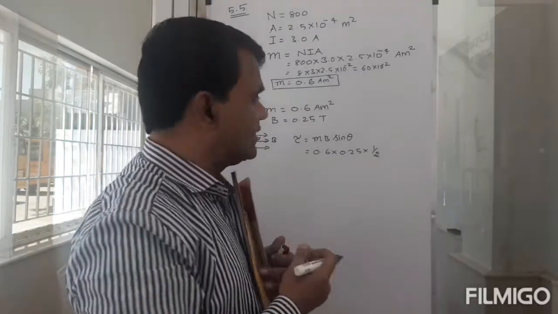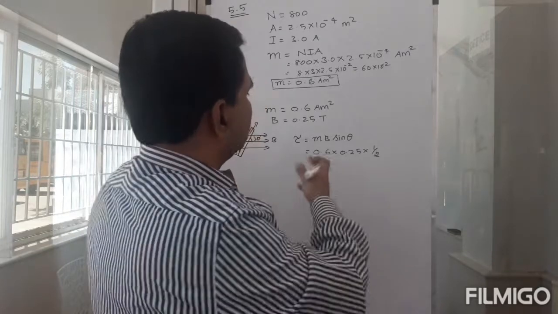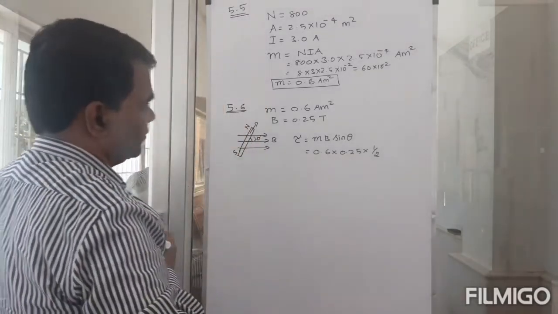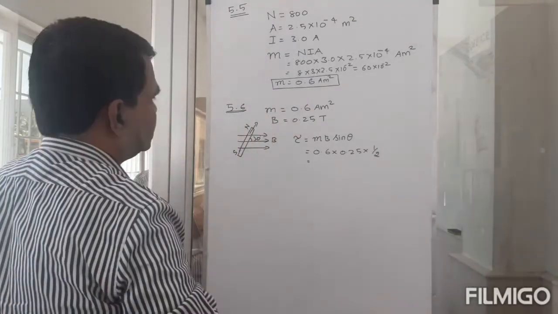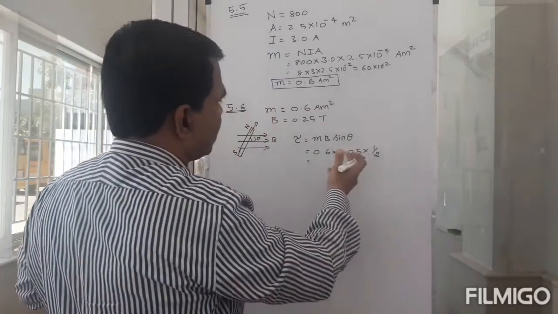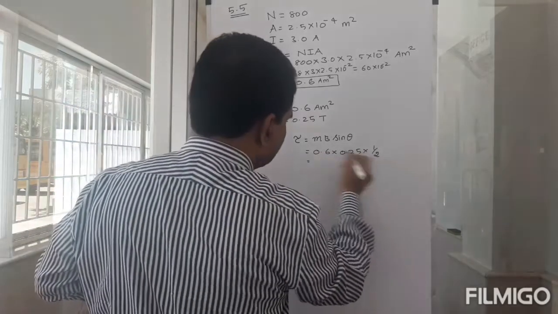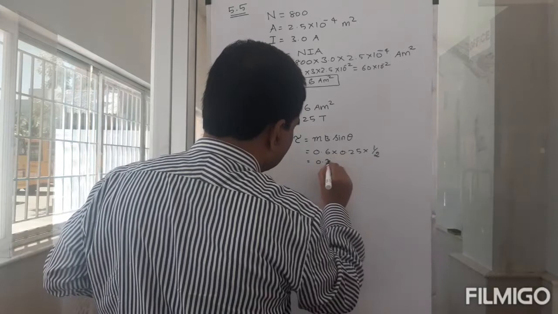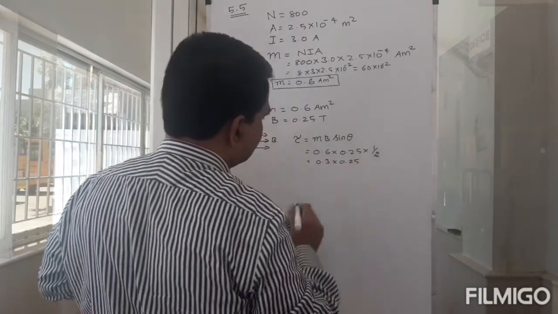So it's very easy to do. So what do you get here now? So this is going to be equal to 0.3 into 0.25.